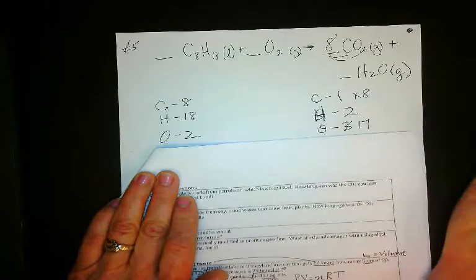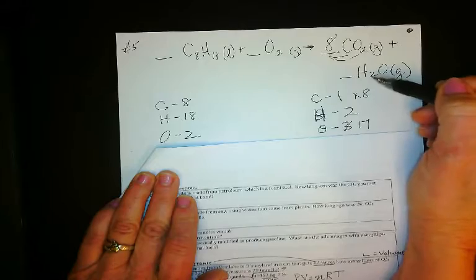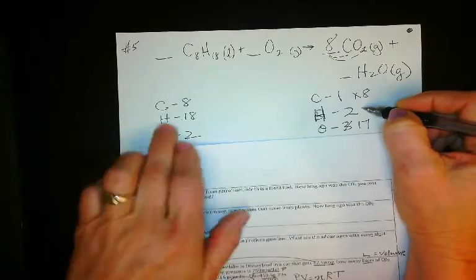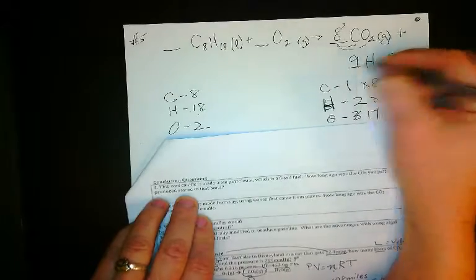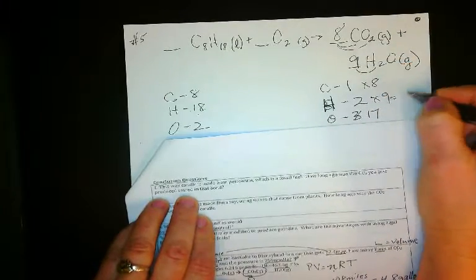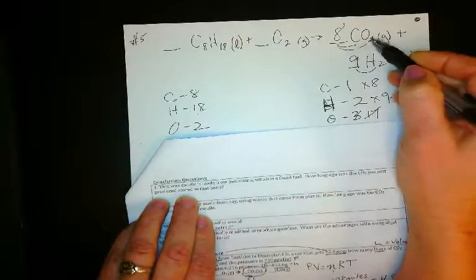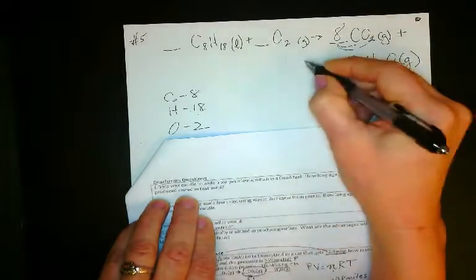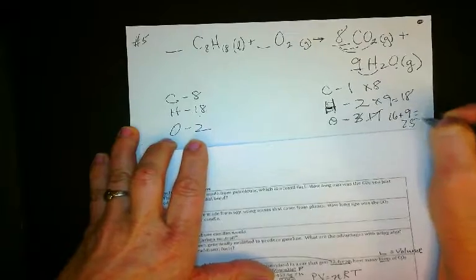So I cross that out and I put 17 now. And then for hydrogens, I still am short on hydrogens, so I'm going to multiply that by 9 so that I can match up over here the 18. So that gives me 18 hydrogens. And now that changes my oxygen, so now I have 16 and 9.